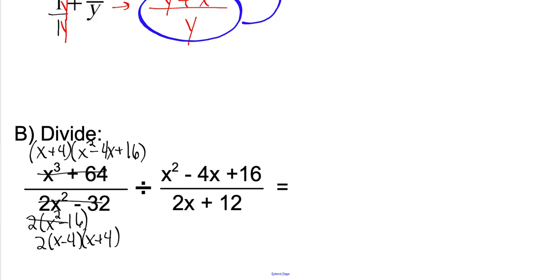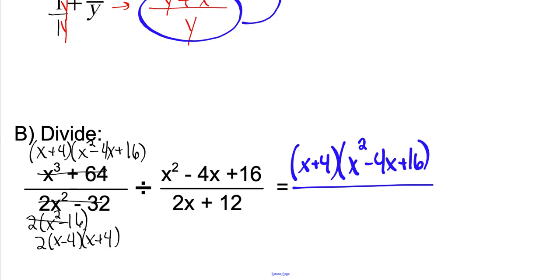And maybe we'll write these off to the right so they look a little bit nicer. So x plus 4, and then x squared minus 4x plus 16 over 2x minus 4, x plus 4. And now we'll factor these, but we're going to flip them when we write them out to the right.